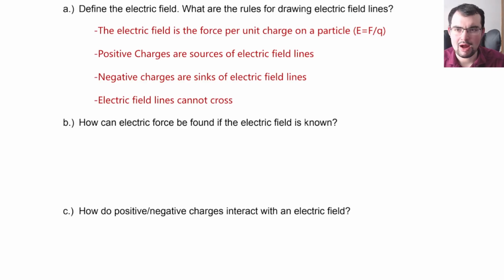A lot of times we use the electric field because it exists no matter what charge you put there. So we can easily find the force on whatever charge we would like using the relationship that electric force is equal to whatever test charge you place at that location times the electric field strength due to all other charges.